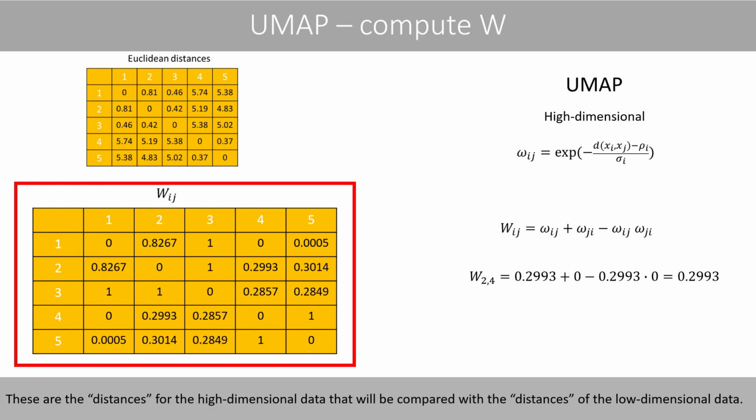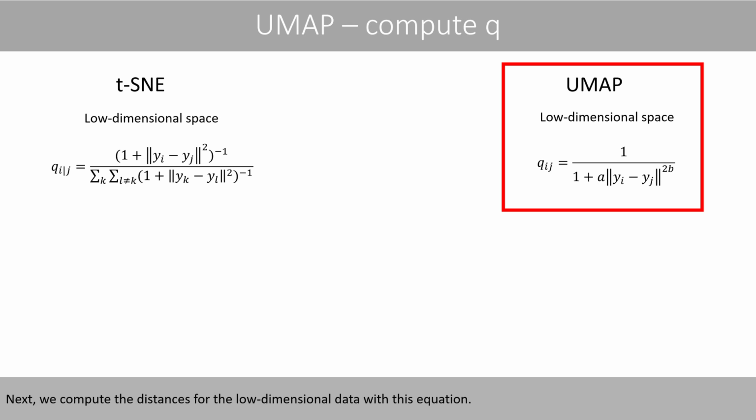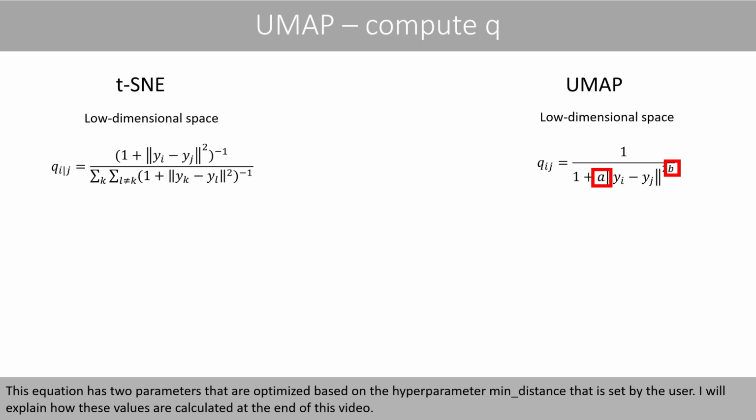These are the normalized distances for the high-dimensional data that will be compared with the distances of the low-dimensional data. Next, we compute the distances for the low-dimensional data with this equation. This equation has 2 parameters that are optimized based on the hyperparameter mean distance that is set by the user.